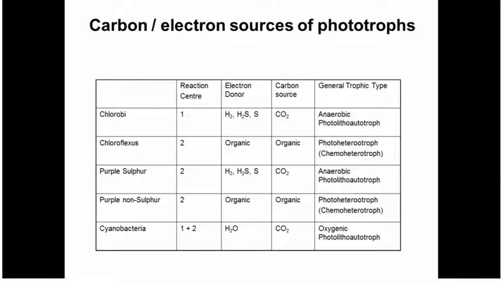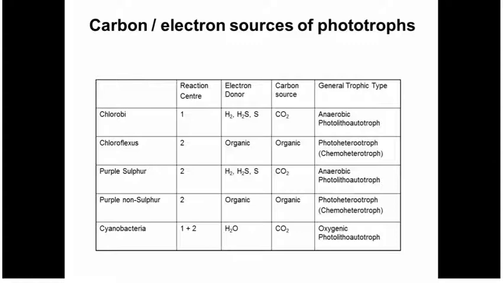dark. If they're in a very poor medium and you grow them in the light, they begin to express the proteins involved in photosynthesis. So photosynthesis has been grafted onto a pre-existing type of metabolism that probably already worked, okay?